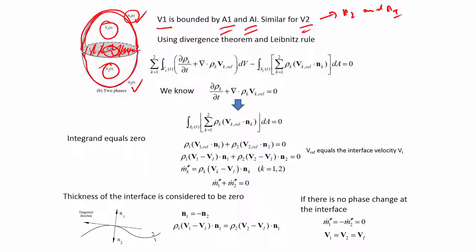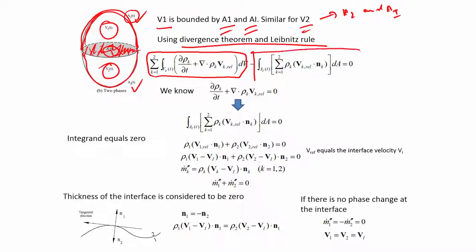Using the divergence theorem and Leibniz rule, like what we did last time, we convert the area integral to the corresponding volume integral. This part has been converted to volume, and this part is the interface part.